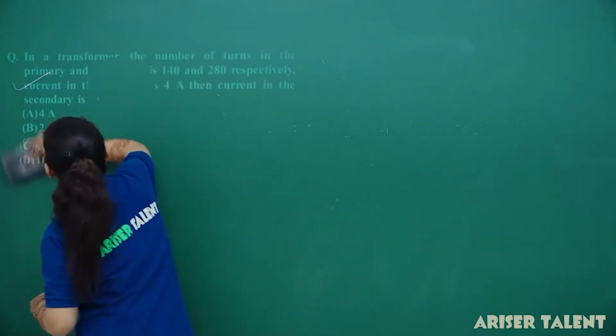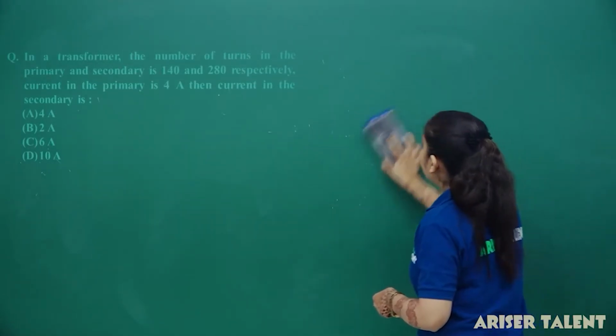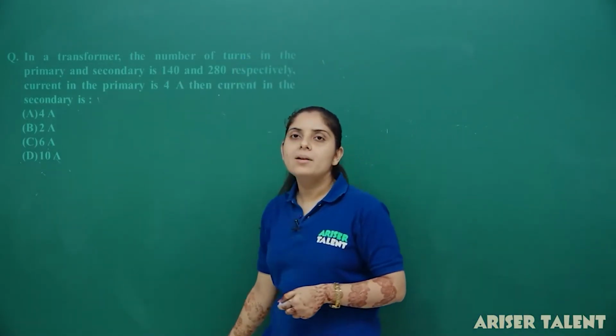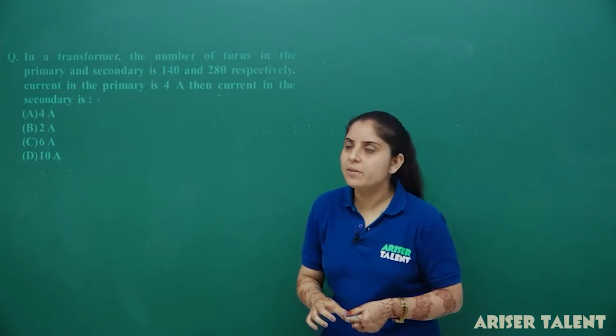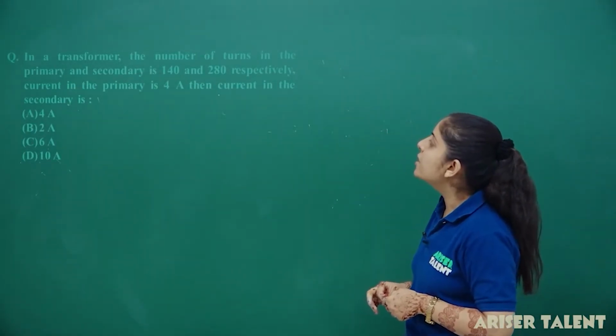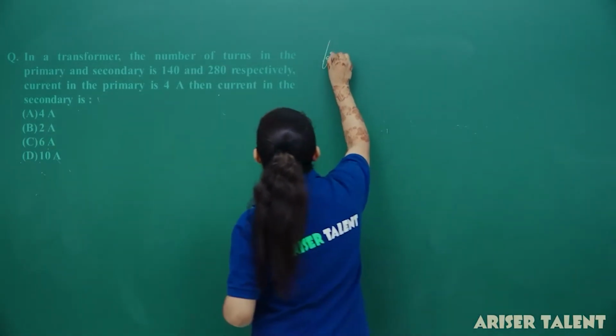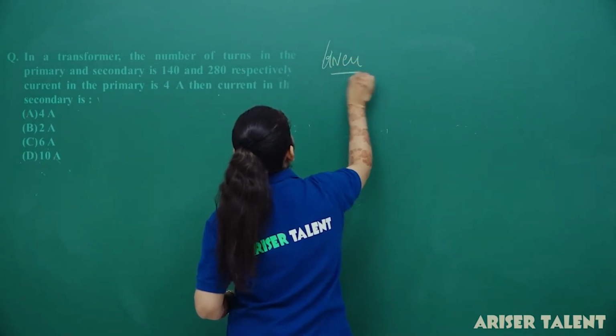This is a numerical type question, and for this you have to learn the formulas related to the topic transformer that we discussed in our previous lectures. In a transformer, the number of turns in primary and secondary are given. Firstly, I am writing the given conditions.